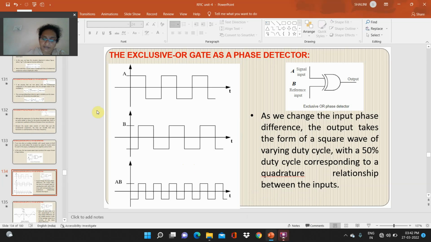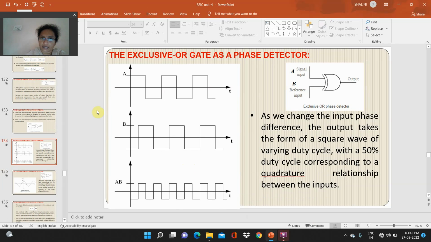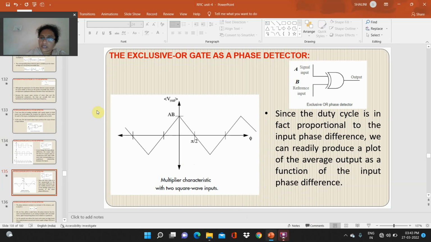Here the graph is like this. Exclusive OR gate as a phase detector. Since the duty cycle is in fact proportional to the input phase difference, we can readily produce a plot of the average output as a function of the input phase difference.